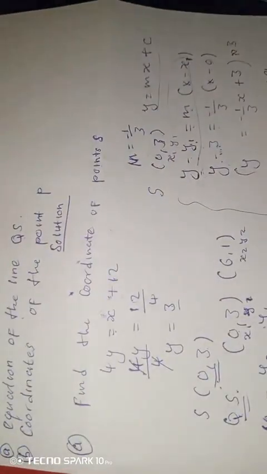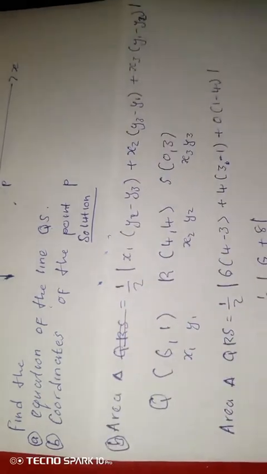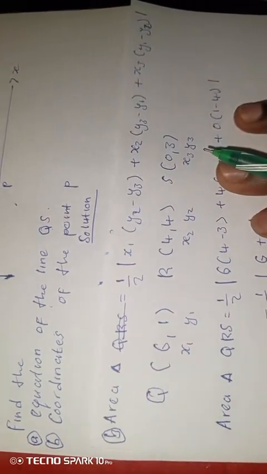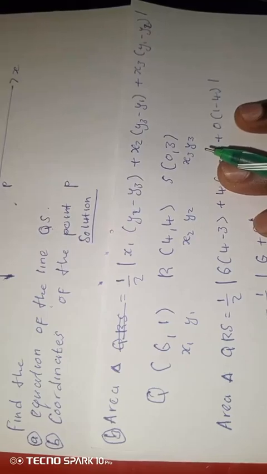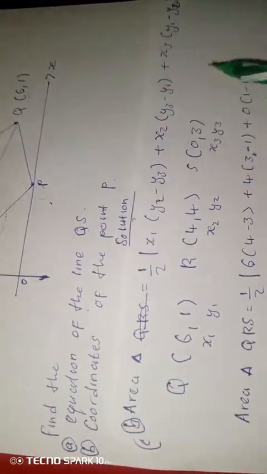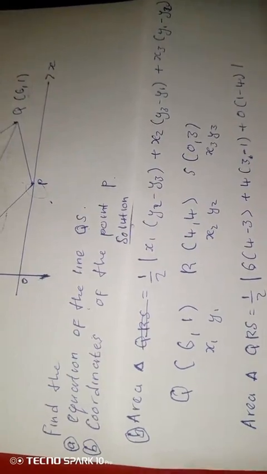So let's go for how to find the coordinates of the point P. This is how you go about finding the coordinates for point P, the coordinates for this one here. The first thing here, we'll use the area of a triangle.